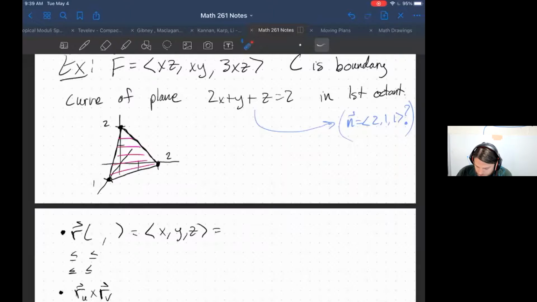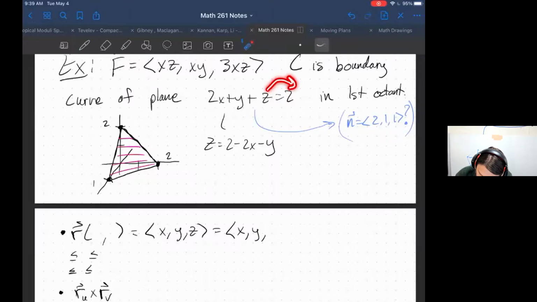Okay, so for the parameterization, we want to start out with R of x, y, z, and use the information that we're given, which is this plane. The idea is we can solve for one of these variables. Personally, I like to solve for the z variable in this case. So x remains the same, y remains the same, but then you can solve for z is equal to 2 minus 2x minus y.